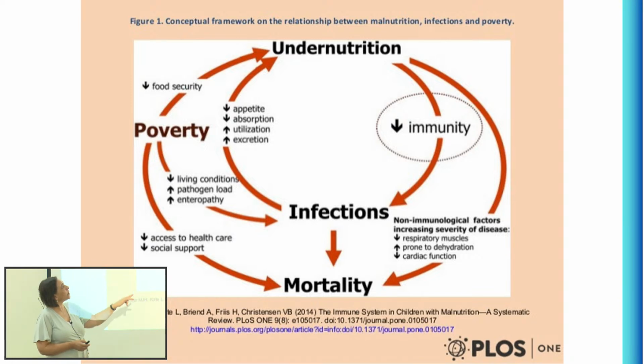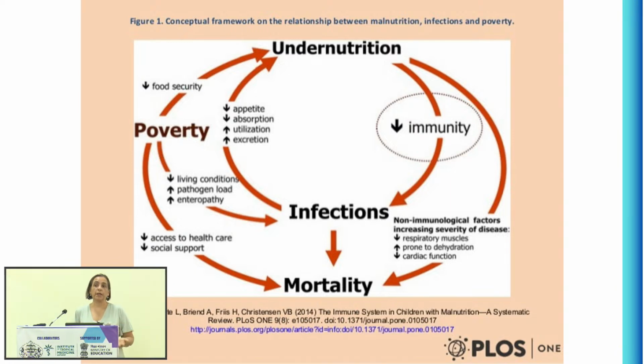But ultimately what you're seeing is a causal cycle whereby poverty influences your ability to have food security, but in turn, being undernourished might influence your ability to work properly, which leads to further poverty, and so on. So there's something circular about this diagram.